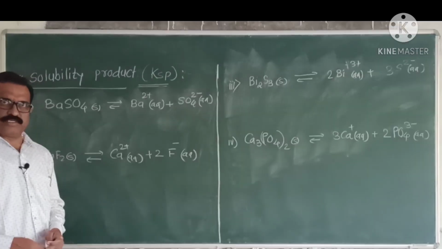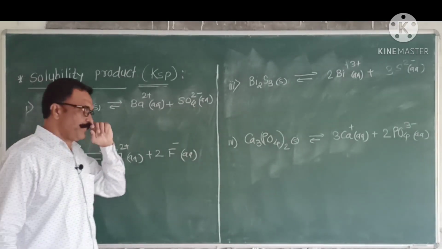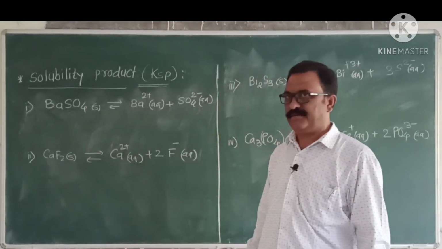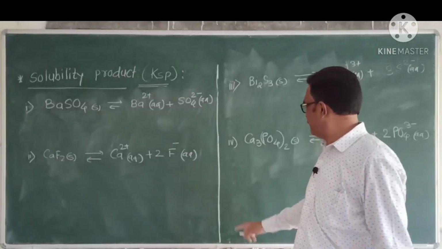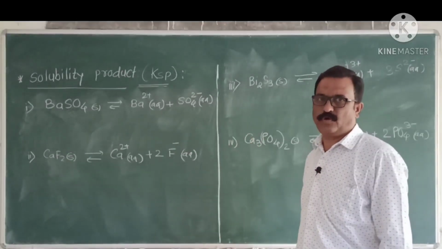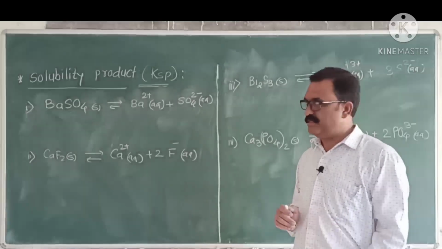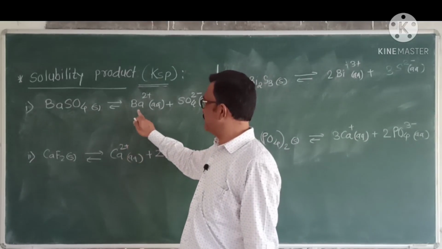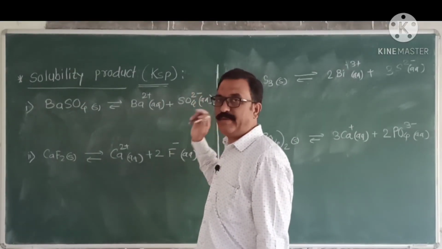Okay? Suppose these are different examples of sparingly soluble salts: barium sulfate, calcium fluoride, Bi2S3, Ca3(PO4)2. These are sparingly soluble compounds. Barium sulfate, when dissolved in water, produces Ba2 plus as well as SO4 2 minus ions.